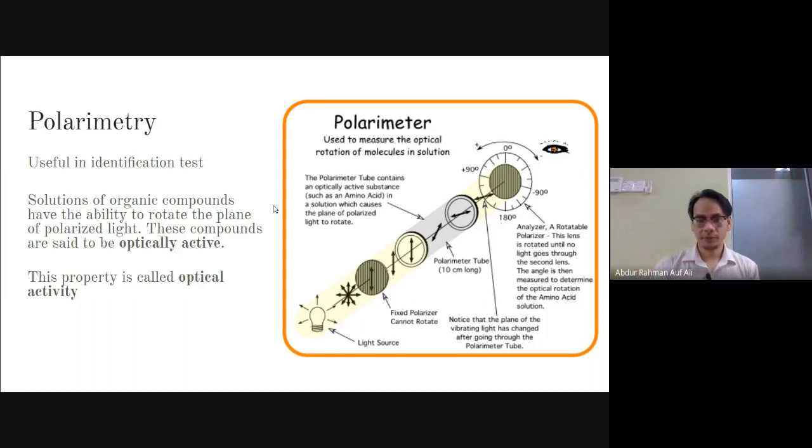So we grind the amoxicillin tablets, dissolve in solvent, put into the polarimeter, and observe at what angle they rotate. After we observe, it is negative, so we compare with the pharmacopoeia and it is correct. So we can conclude that the tablet we received from production is an amoxicillin tablet, because we have done the polarimetry test.